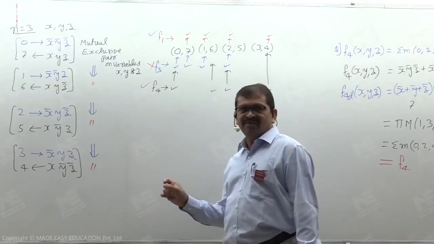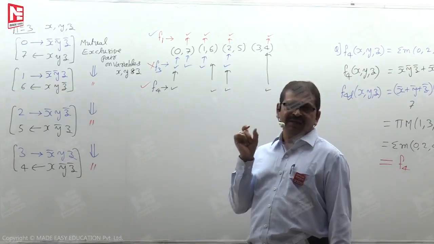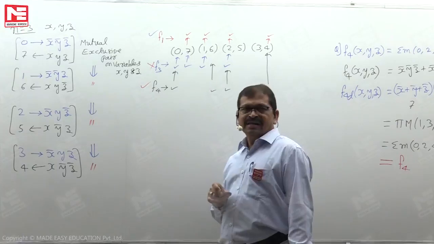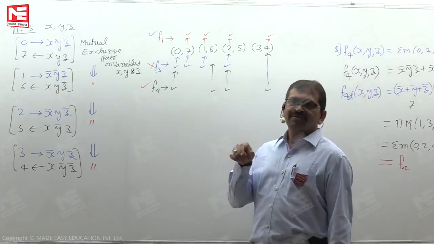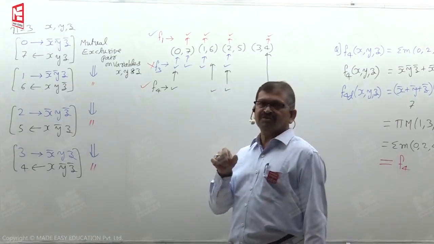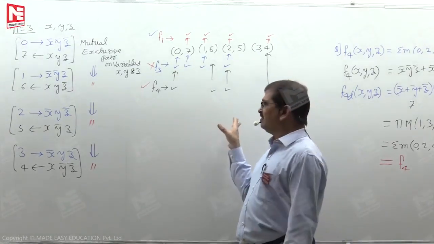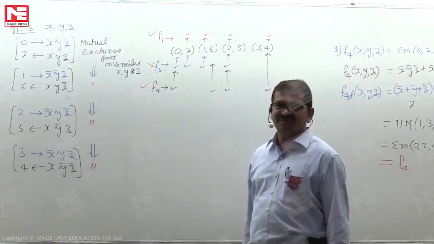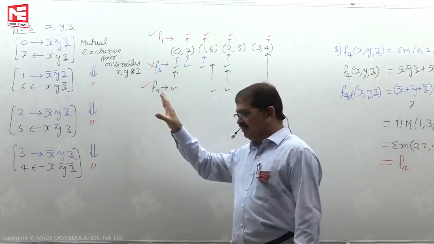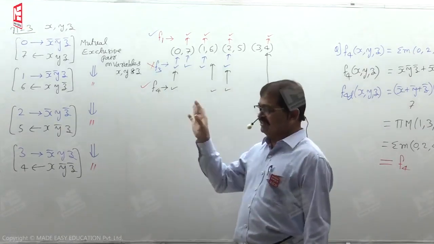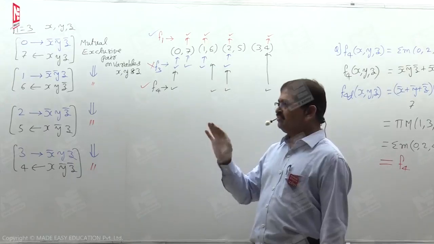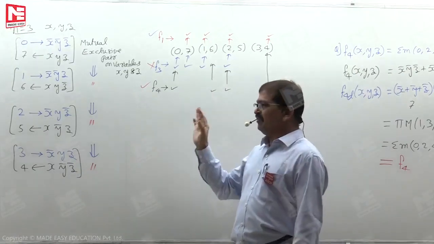Whenever we do not have a mutual exclusive pair as the min terms in the function, then the function is a self-dual function. These are the conclusions from the work with these examples.